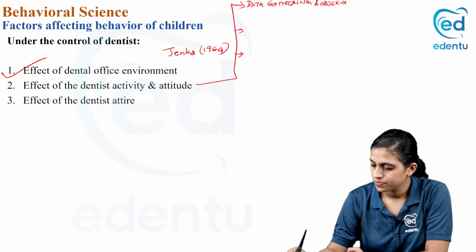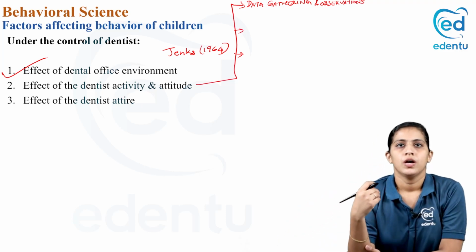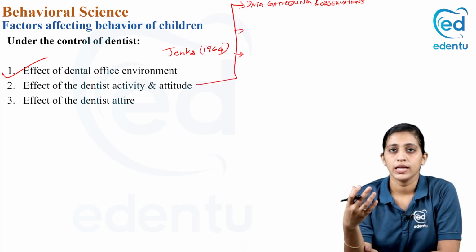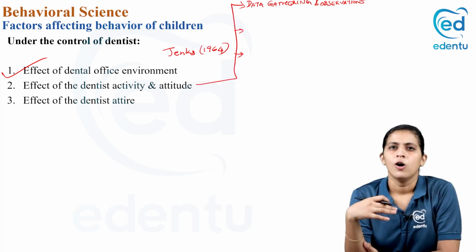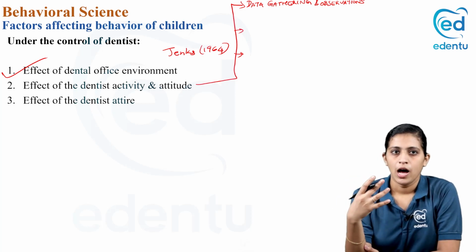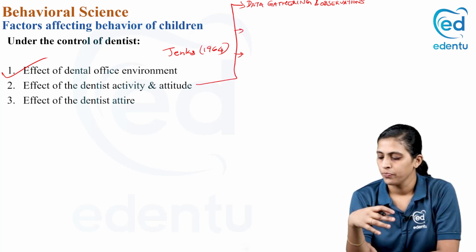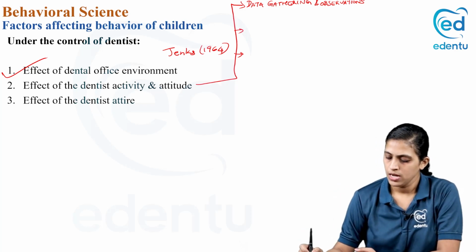Under this, we should ask the parents to fill in a questionnaire about the child, so we can gain more information about the child. Also, we can observe the child, how the child is walking, where the child is looking when he or she enters the dental clinic. So this is the first activity.